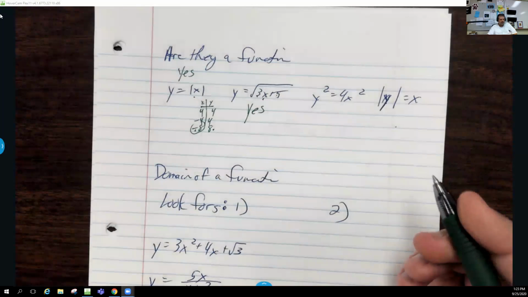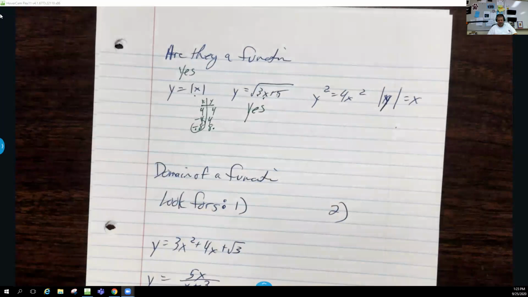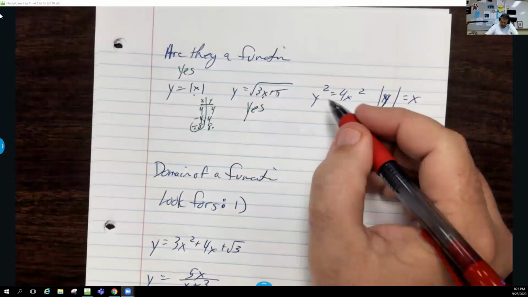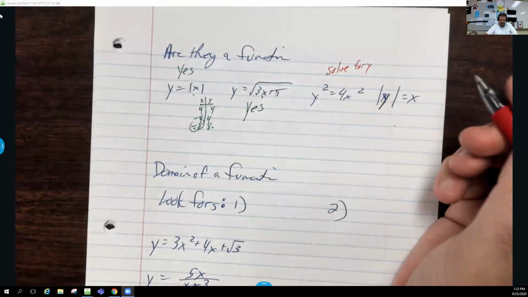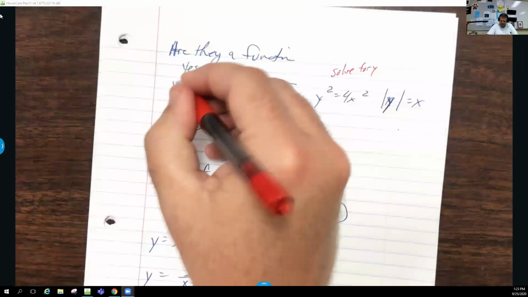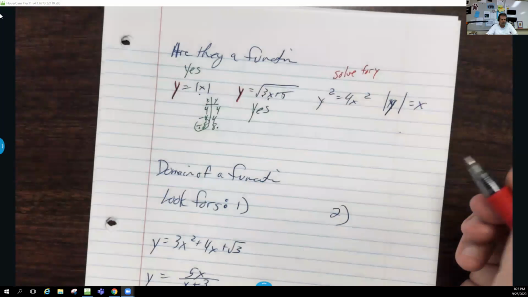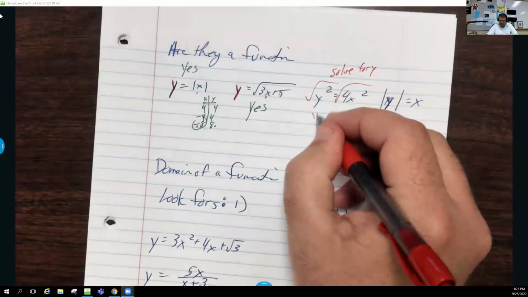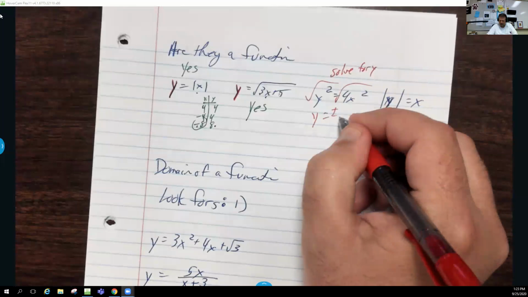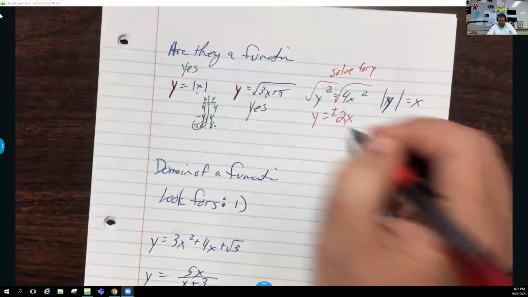Okay. Now, here you have y being squared. So what we have to do is solve for y. You notice these were already solved for y, so they were good. So to get this solved for y, you have to square root both sides. But the key here is that I would get a plus or minus 2x.